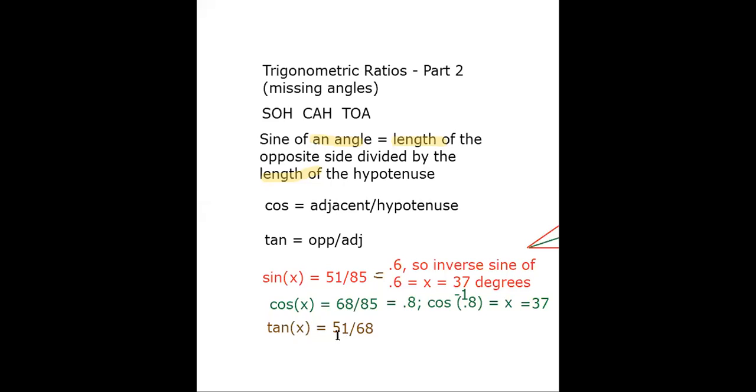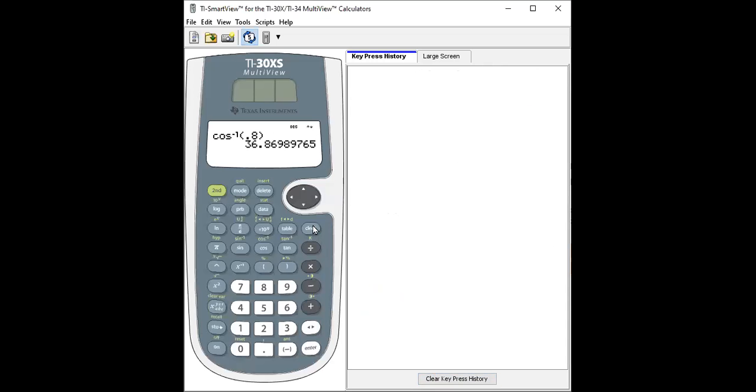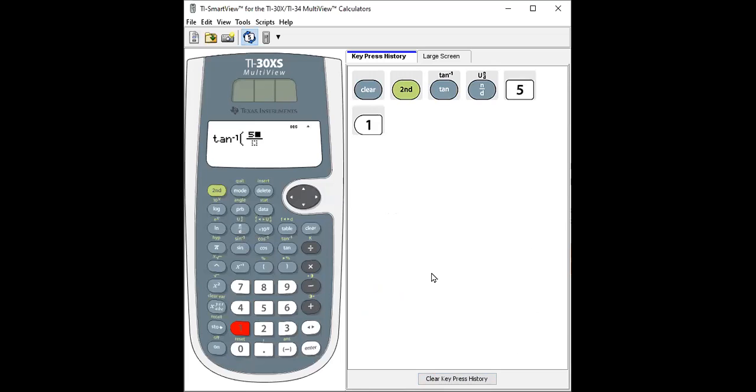So if we do the inverse tangent of 51 over 68, we should also get 37 degrees. Let's do that. Inverse tangent of 51 over 68. Now in the previous two examples, I found the decimal first. But what if we just put the fraction in? So inverse tangent, n over d, 51, down on your directional pad, over 68, arrow to the right, close that parenthesis, and now we're going to save a step.